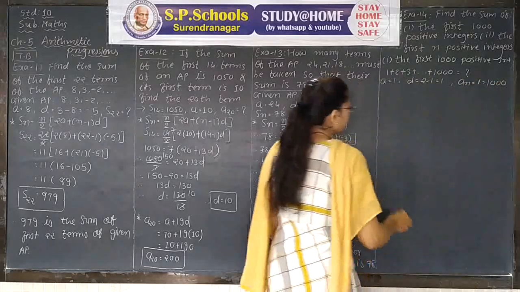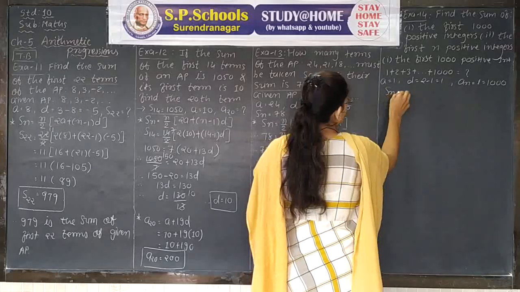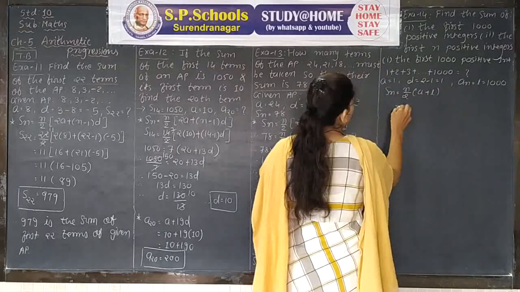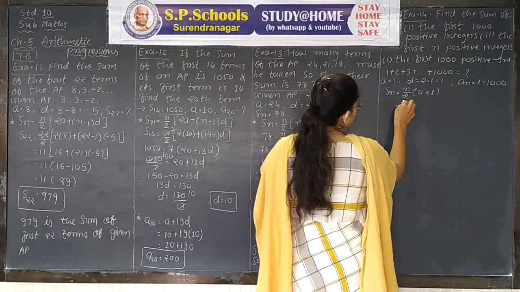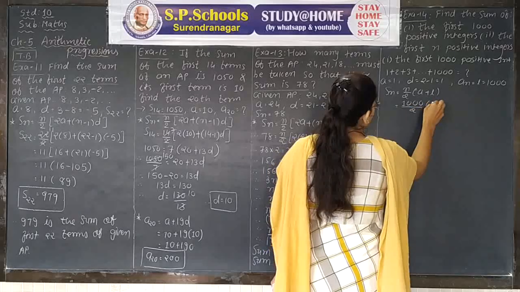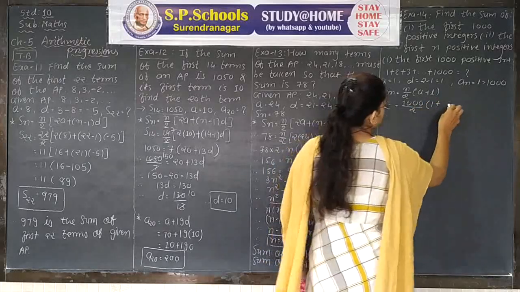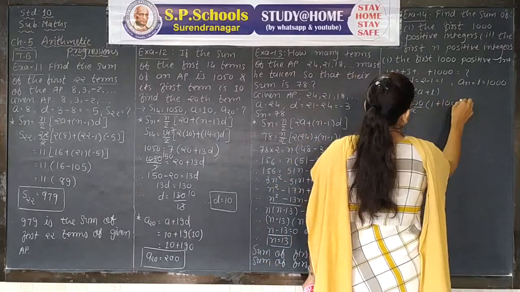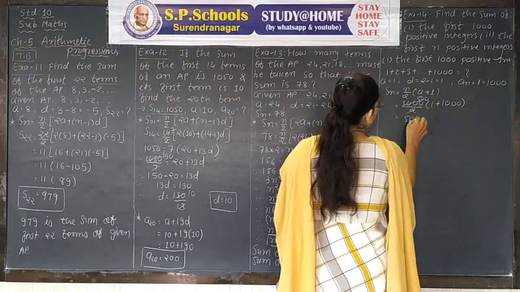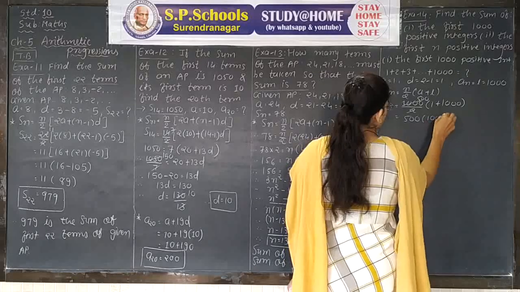It is a finite AP. Then we use the short formula, n upon 2 into bracket A plus L, where n is equal to the first 1000, then 1000 upon 2. First term A is 1 plus L is equal to 1000 here. 500 and here is 1001.